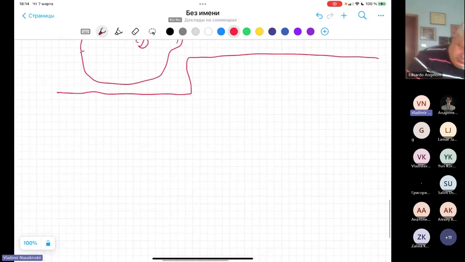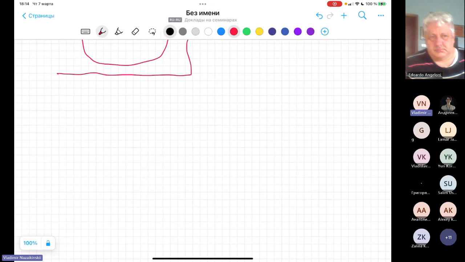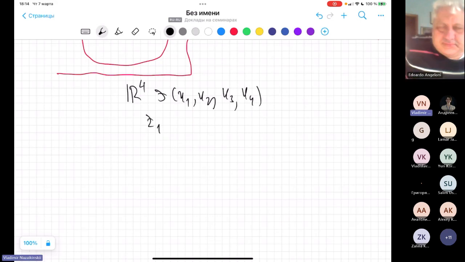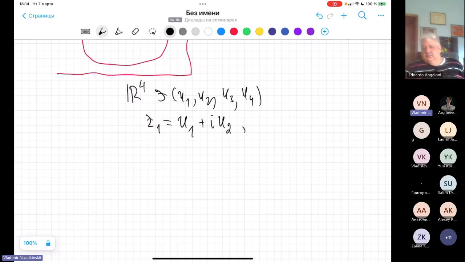And this procedure is as follows. Let us consider the space R4 with coordinates U1, U2, U3, U4, and it will be convenient for me to write Z1 = U1 + iU2, Z2 = U3 + iU4.